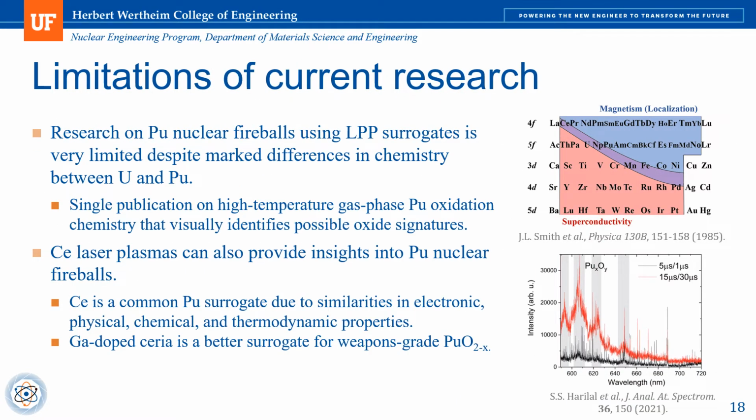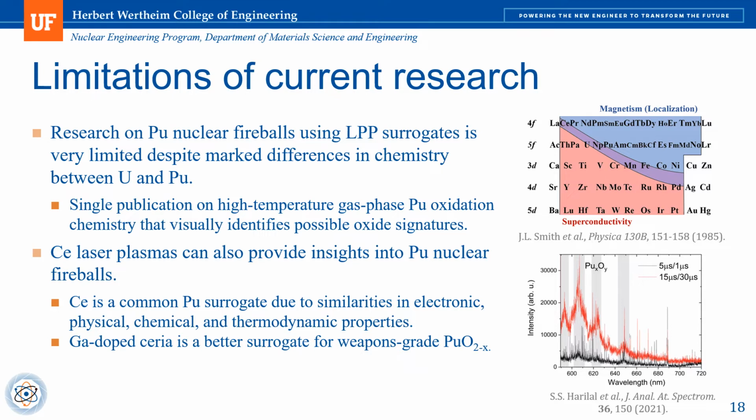So there is a significant limitation in the current research on the topic of plutonium nuclear fireballs using laser-produced plasma surrogates, very much just limited to a singular paper on gas-phase plutonium oxidation by Harilal and others that you can see here on the bottom right.